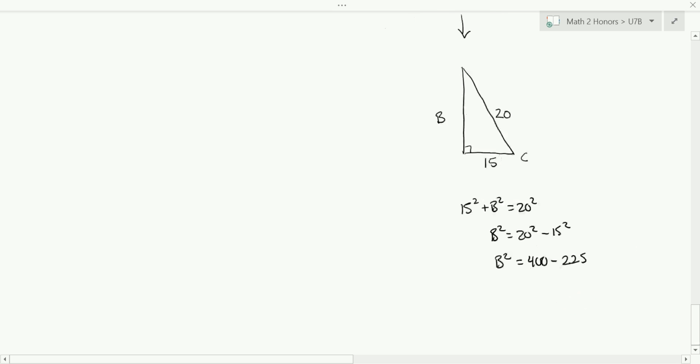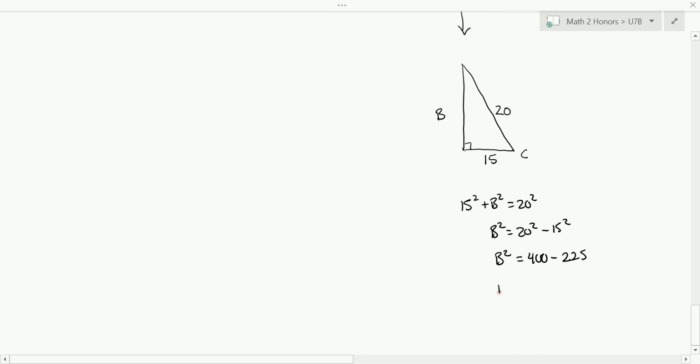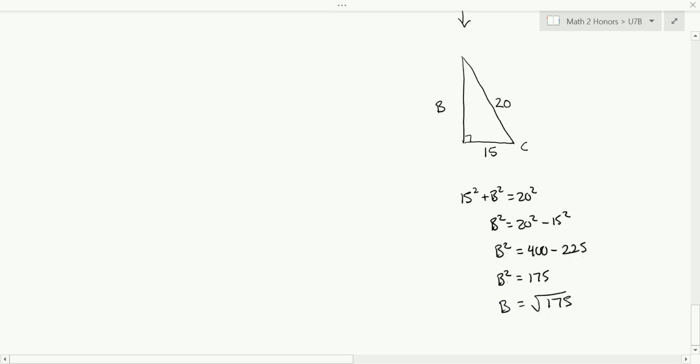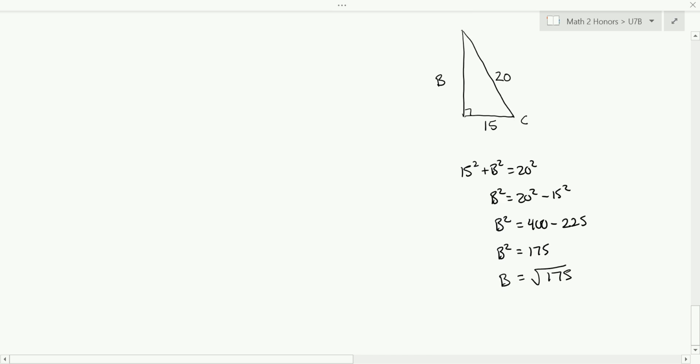What is that? 175. So B is the square root of 175. Can we simplify that? That is 25 times 7, right? So B is going to be 5 square root 7.